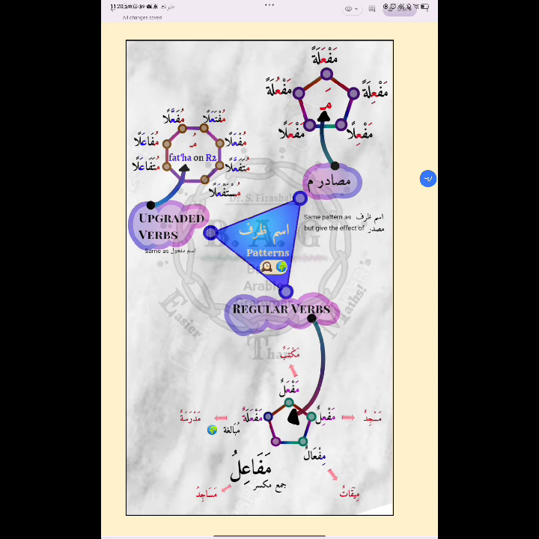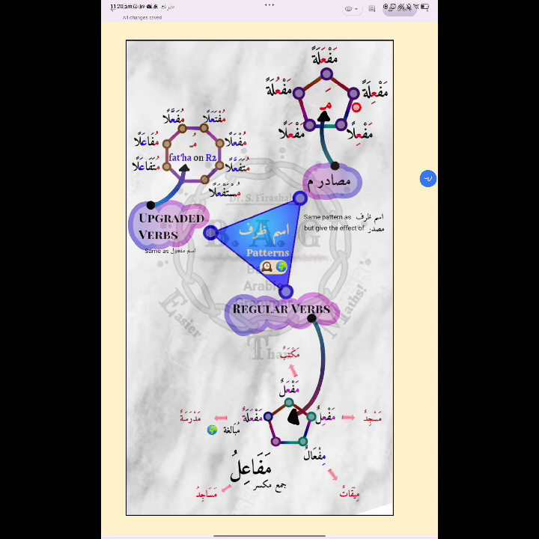Now, we are going to study the kinds of patterns of ism zarf, and they are, as you can see, divided into three types. First of all, you've got the masadir meem, the ones that start with meem, and actually not just meem, but meem with a fatha, so they've got a zabar or a fatha on them.